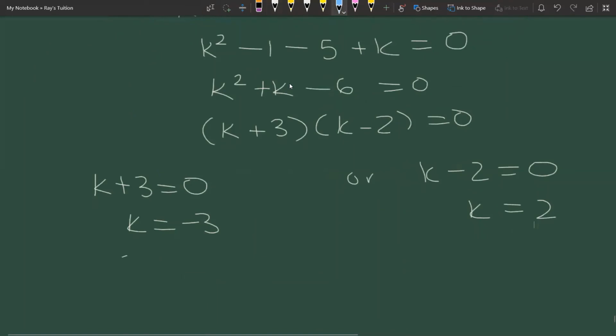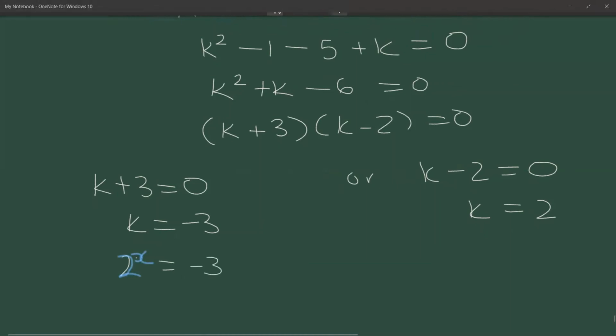So k is equal to 2 to the power of x. Replacing k with 2 to the power of x, we get 2 to the power of x is equal to negative 3, and on this side here we can do the same thing: replacing k, our original substitution, we get 2 to the power of x is equal to 2.